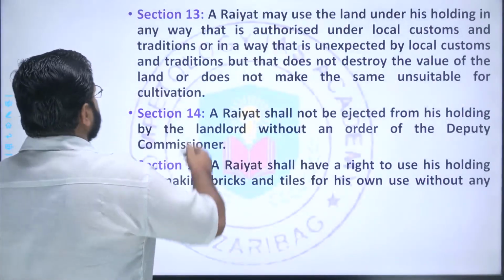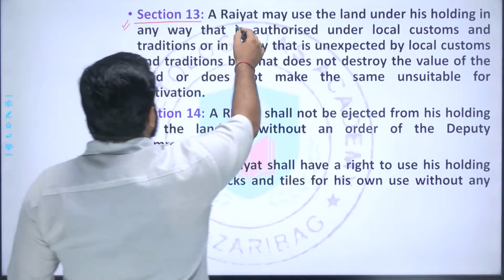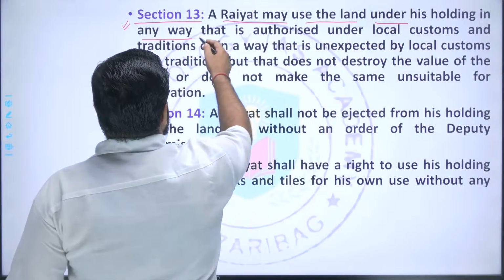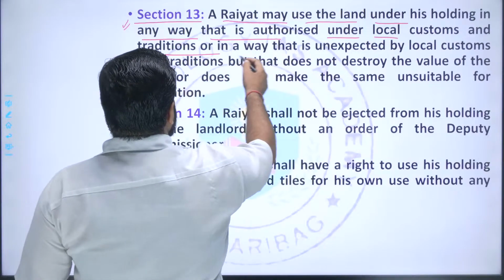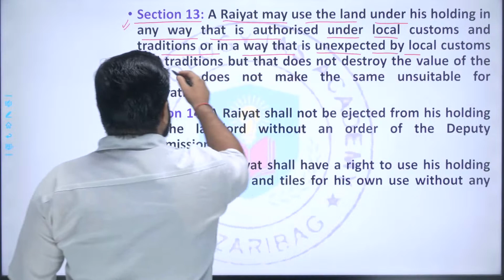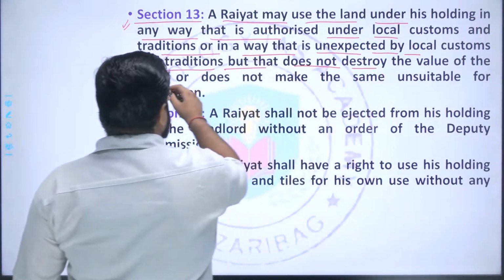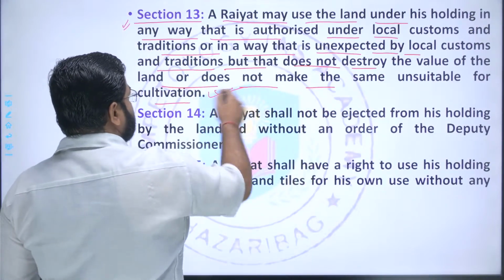Now come to Section 13. Section 13 says that a raiyat may use the land under his holding in a way that is authorized under the local customs and traditions, or in a way that is not expected by the local customs and traditions, but that does not destroy the value of the land or make it unsuitable for cultivation.